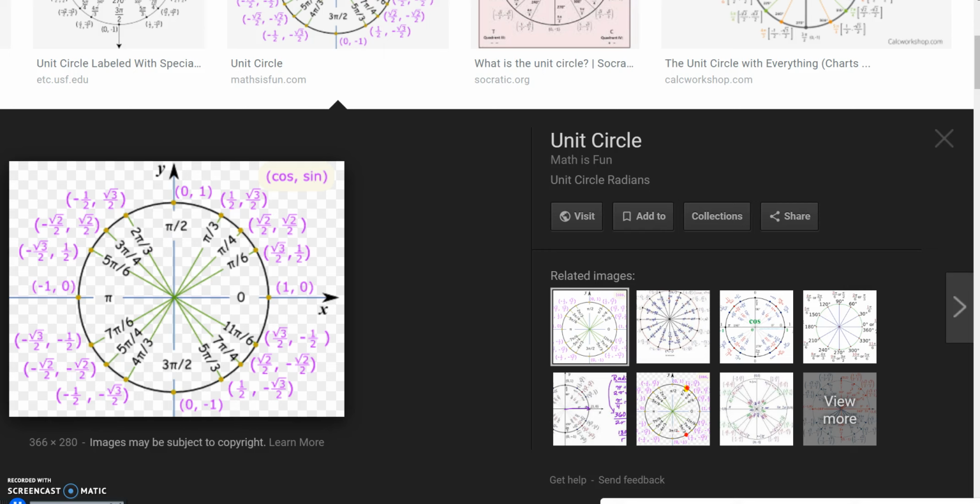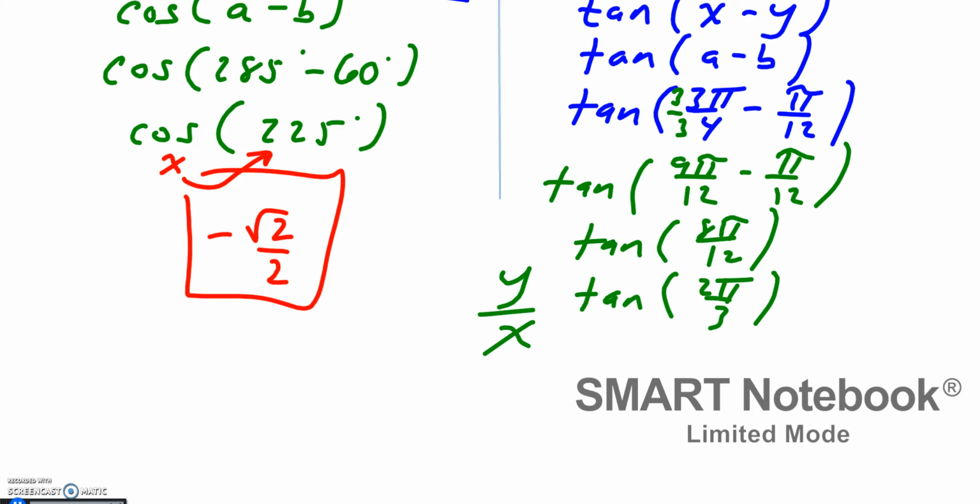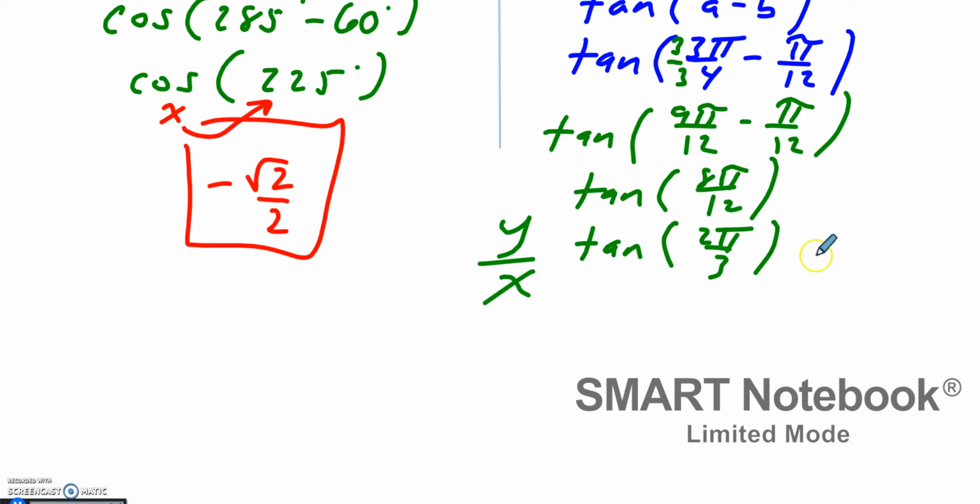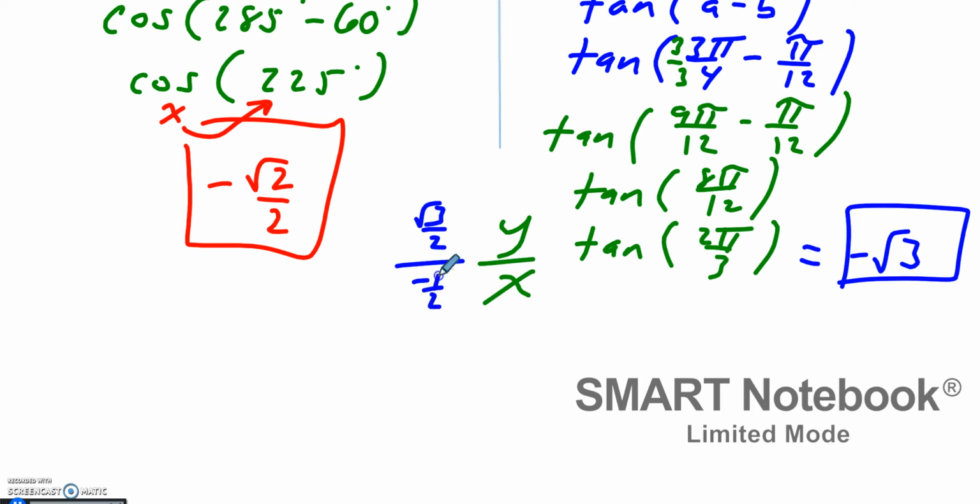So this would be root 3 as well, except it's in the second quadrant, so it should be negative root 3. So my tangent value at 2 pi over 3 is negative root 3. If you don't believe me, feel free to take the y divided by x, or root 3 over 2 divided by negative 1/2. If you do, you'll get negative root 3.